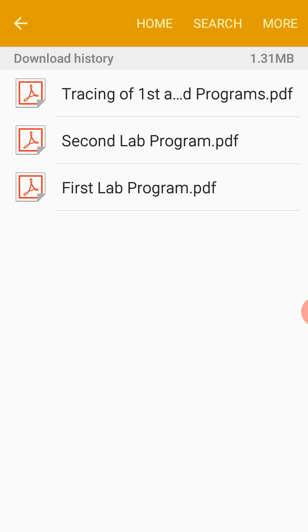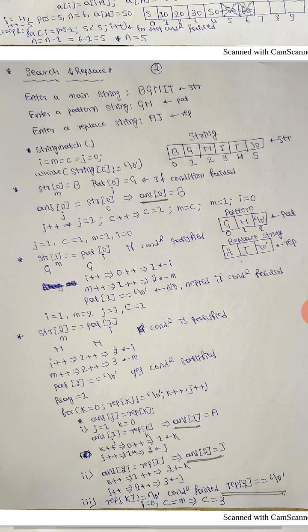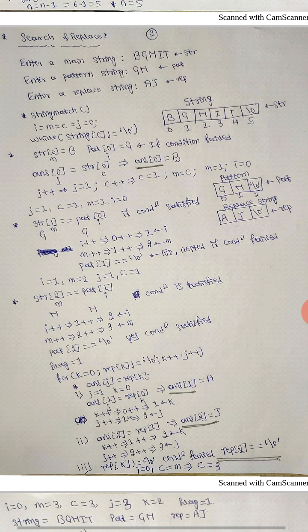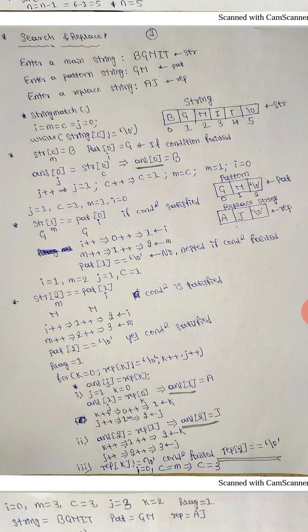And again, to understand this particular program, first let us understand by taking an example how we can frame our logic. As per the problem statement, we need to read a main string, that is BGMIT, and then we need to read a pattern string, and in this example the pattern which I am going to search is GM.